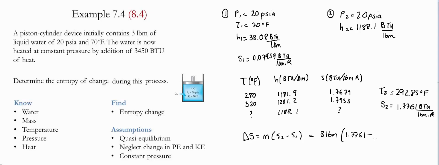The initial one is 0.07459. Both of them have BTUs per pound mass Rankine, and pound mass cancels out. And we find that this value is equal to 5.105 BTUs per Rankine.